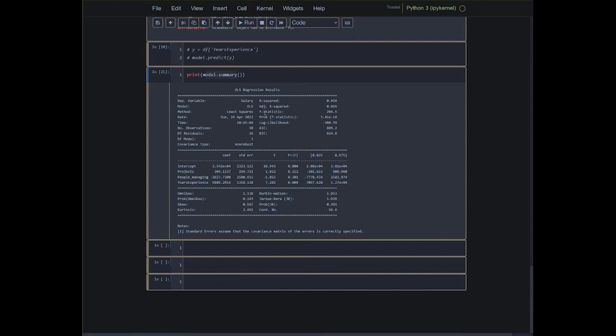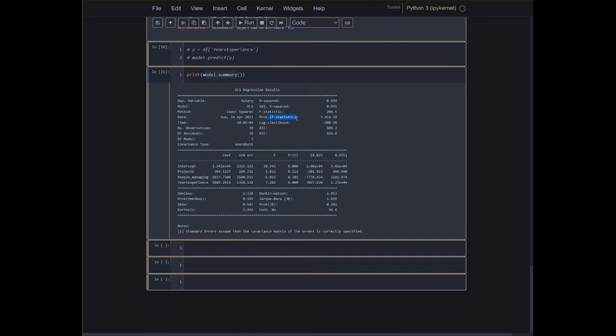Let's move to F statistics and probability of F statistics over here. The F test provides a way to check all the independent variables all together if any of these are related to the dependent variable. If the probability of F statistics is greater than 0.05, there is no evidence of relationship between any of the independent variables with the output.